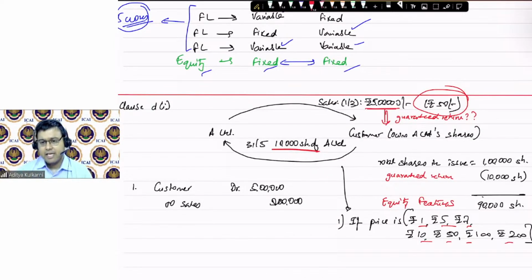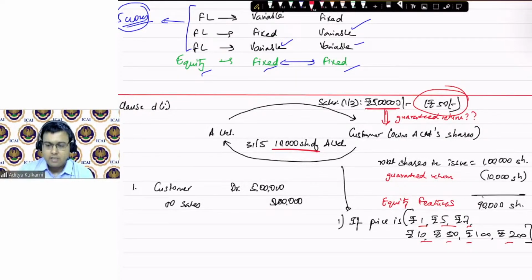That means in my equity share capital, I have 1 lakh shares. Against this 1 lakh shares, 10,000 shares have a guaranteed return. So only 90,000 shares are exhibiting equity features.